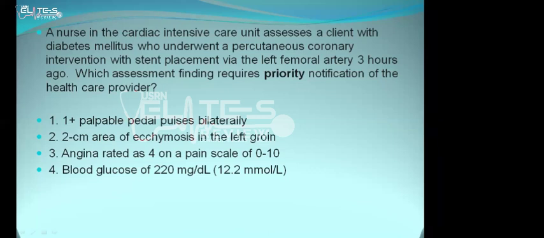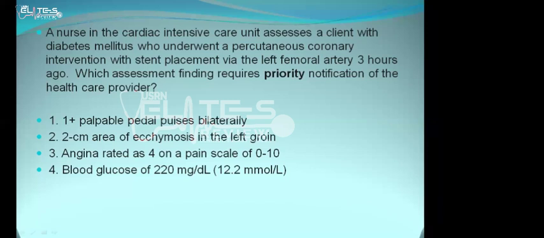One. Why would you go for one? Plus 1 palpable pedal pulse bilaterally. I would assume there's some reduced pulsation. Okay. Ecchymosis at the groin, what about that one? Number 2 is expected.